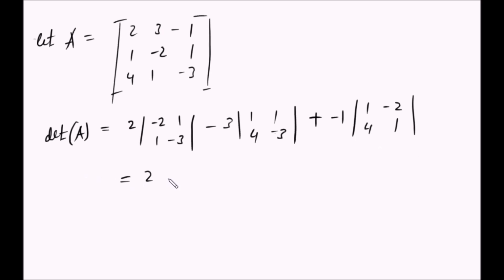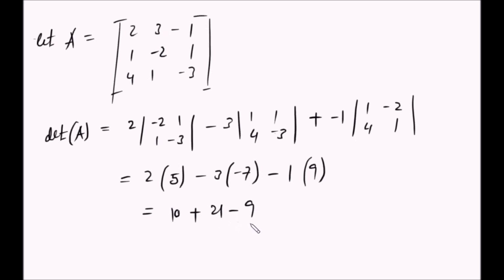So itakuwa sasa na 2 times 6 minus 1 is 5, minus 3 times negative 3 minus 4, minus 1 times 1 minus negative 8. So itakuwa ni 10 plus 21 minus 9. 10 minus 9 ni 1. Kwa hiyo jumla ni 22.